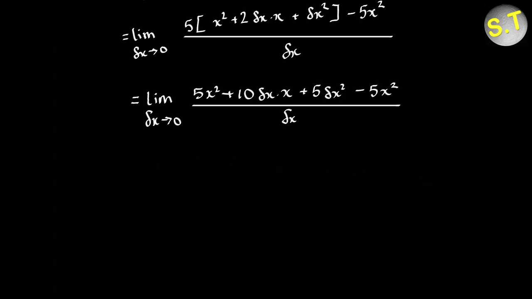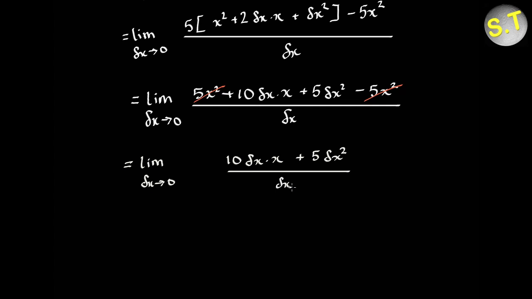And then again, it's quite obvious to see that these things can cancel out. We have a plus 5x squared and a minus 5x squared. So then, just to show you every single step, we're left with the limit as delta x approaches 0 of 10 times delta x plus 5 delta x squared divided by the delta x. So we're almost there now.